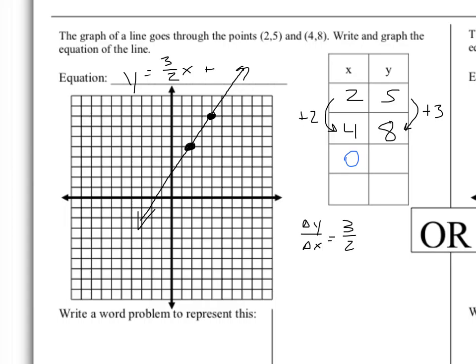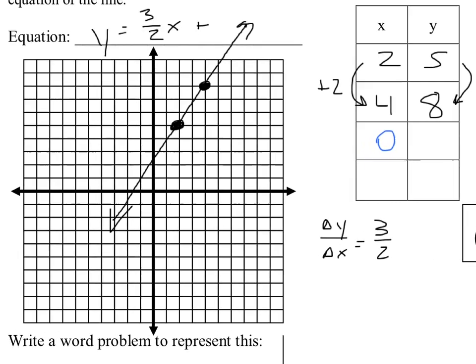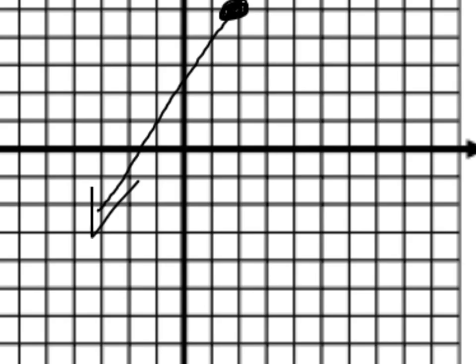And so I'm going to use this, and I'm going to look at my line. I'm going to say, hey, where does this cross through the y-axis? And hopefully your line is a little bit straighter than mine, because mine looks like it goes somewhere between 2 and 3, but hopefully on your own papers you have a straighter line.